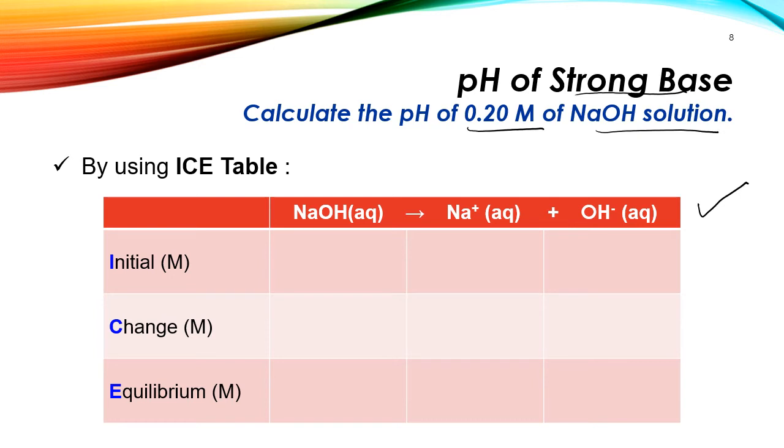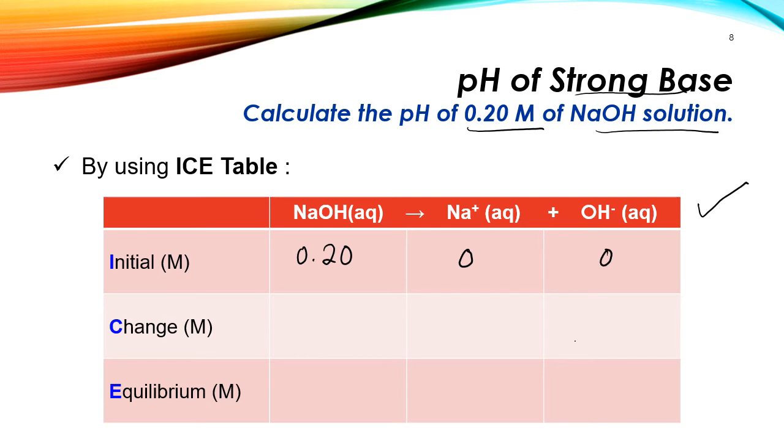First, insert the initial value of the NaOH solution. So the given concentration initially is 0.20 molar. Since this is the initial condition, NaOH is not dissociated yet. Therefore, there are no Na+ and OH- ions produced.